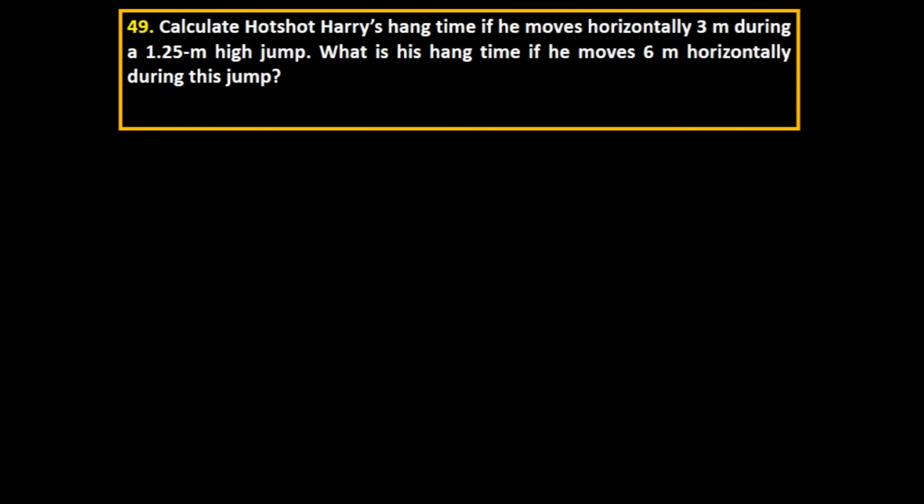Calculate Hotshot Harry's hang time if he moves horizontally 3 meters during a 1.25 meter high jump. What is his hang time if he moves 6 meters horizontally during his jump? So he's going horizontally 3 meters during the jump, or 6 meters during the jump.